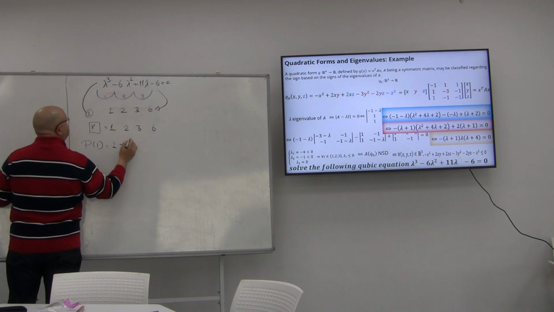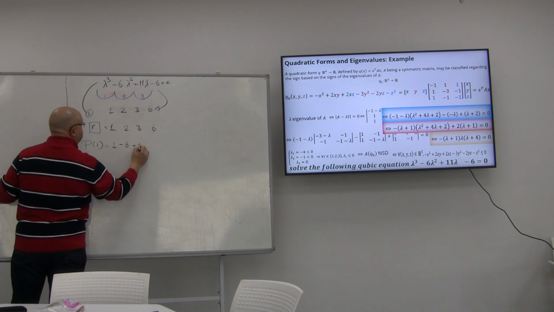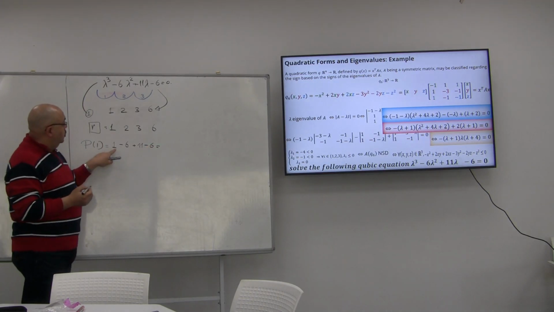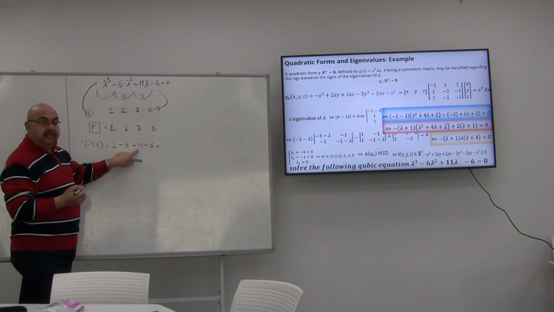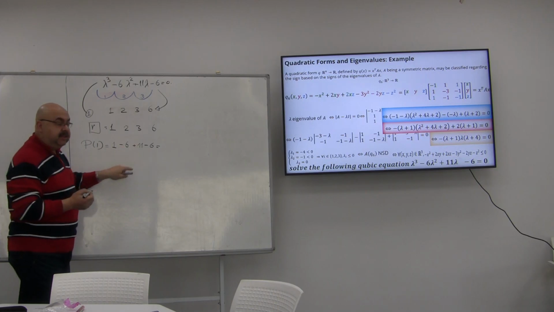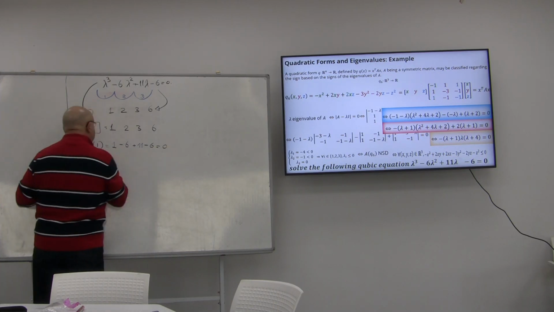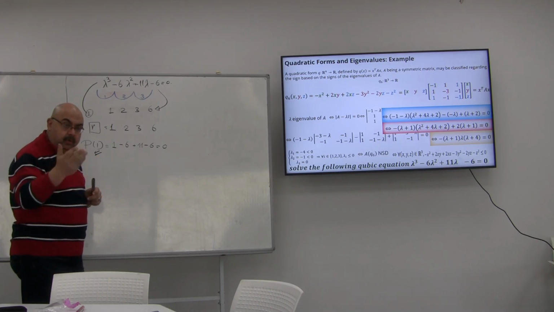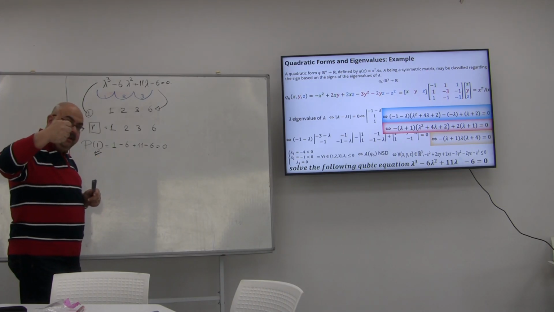This is negative 6. This is positive 11. Minus 6. The result will be 1 plus 11, it's 12, minus 6 is 0. You are very lucky that lambda equal 1 is one of the roots of this polynomial. So this is an eigenvalue.